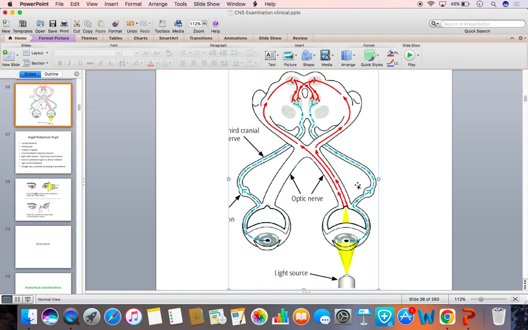Because the oculomotor nerve is the common pathway for the efferent for the direct as well as the indirect light reflex. So in oculomotor nerve lesions, both direct and indirect reflex are absent, whereas optic nerve lesions result in the loss of direct pupillary response. Hope it is clear to you.